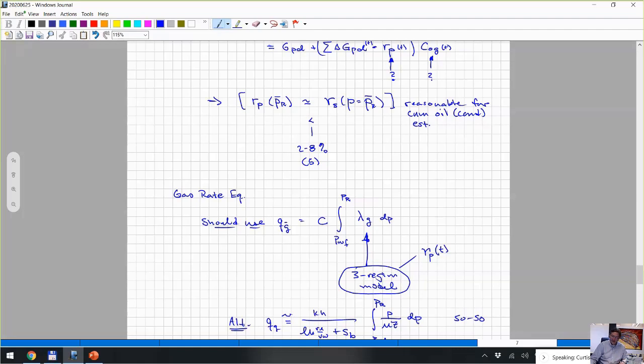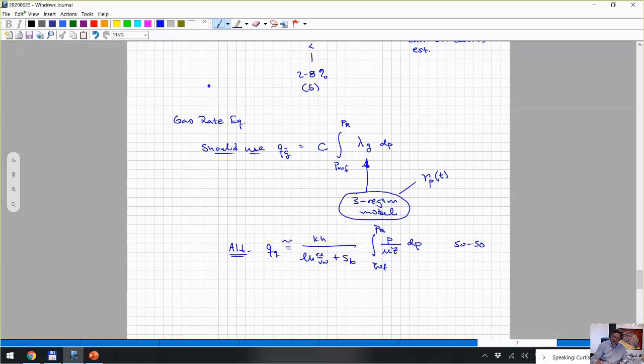That's the problem here. And there's really no good way to know whether it's a 2% or 8%, and how it changes over time. Nobody has come up with the solution for that. How to treat region 2, the incoming flowing CGR to region 2 and the outgoing flowing CGR to region 2. Nobody's figured that out with enough accuracy to be able to use this model.